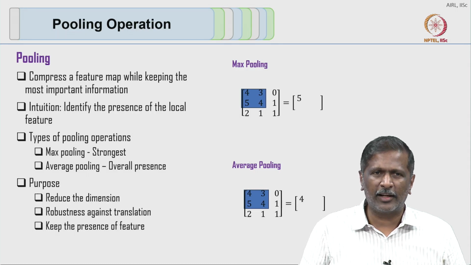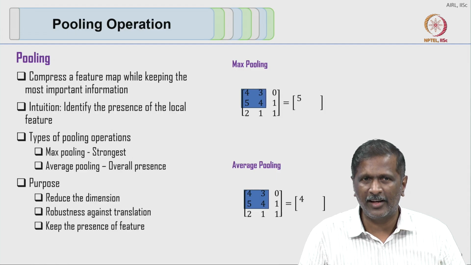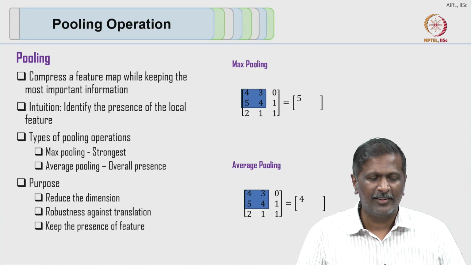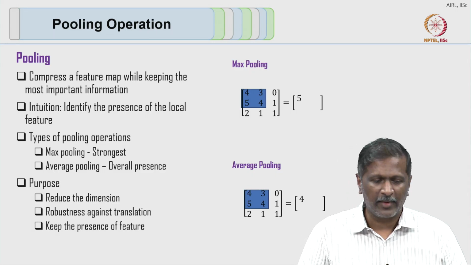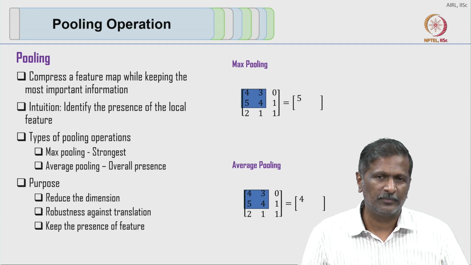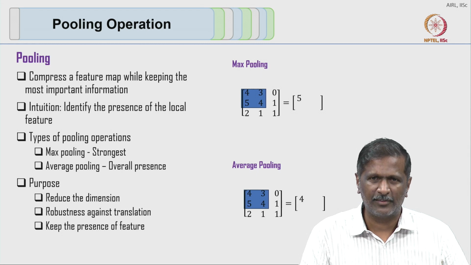Now we are going to look at a very interesting operator called the pooling operator, right. It is trying to compress the feature map while keeping the most important information. The intuition is you identify the presence of a local feature. You may have a lot of information, but I want only the local feature.